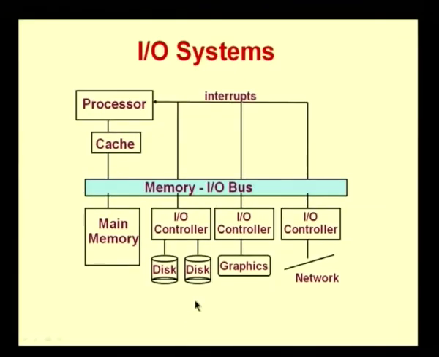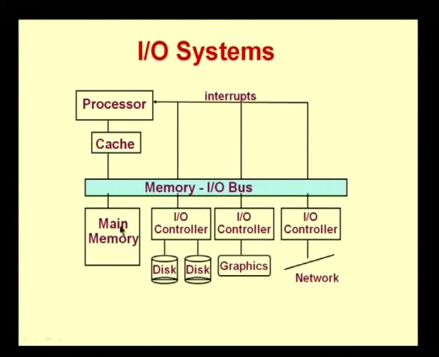So, if you look at an I/O subsystem as such, you can see how the entire set of devices are in place. So, we have the processor, we have the cache, and then the main memory. Now, the processor and the cache are connected to the main memory by means of some kind of an interconnection mechanism here, normally the memory or the I/O bus.